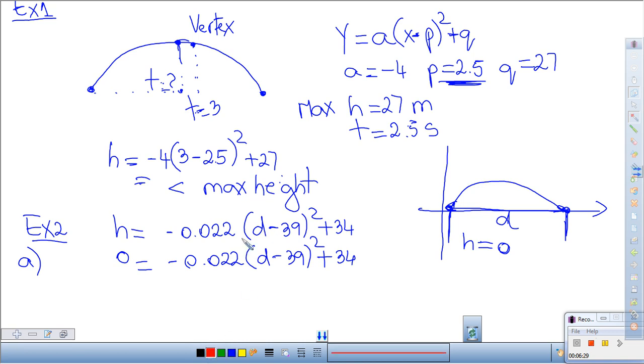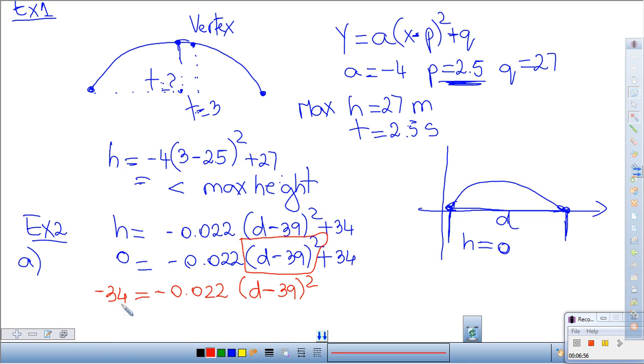So I want you to imagine this perfect square is going to be isolated on one side. So then I'm going to move the 34 to the other side. So it becomes negative 34 equals negative 0.022 times d minus 39 squared. I'm going to divide both sides by negative 0.022.